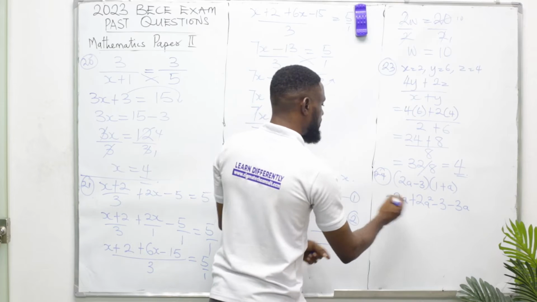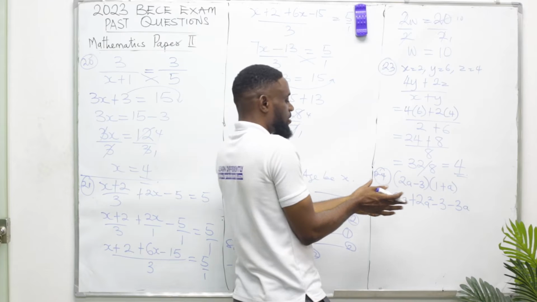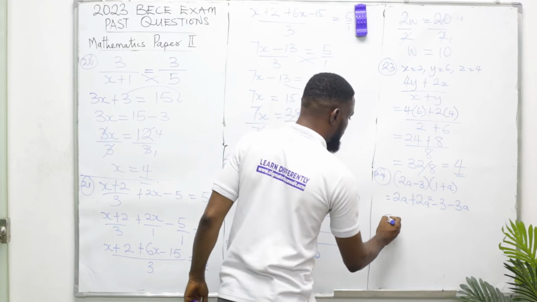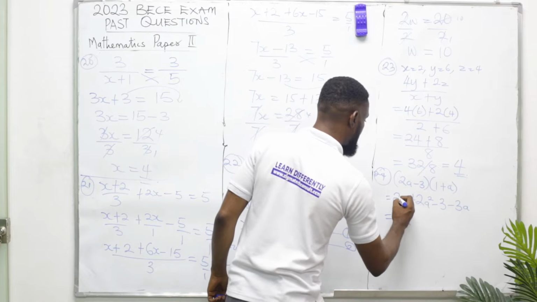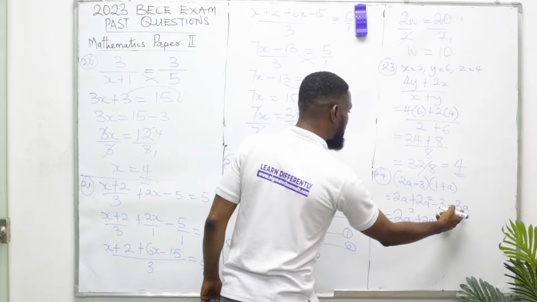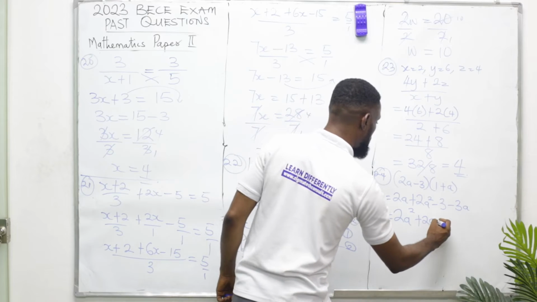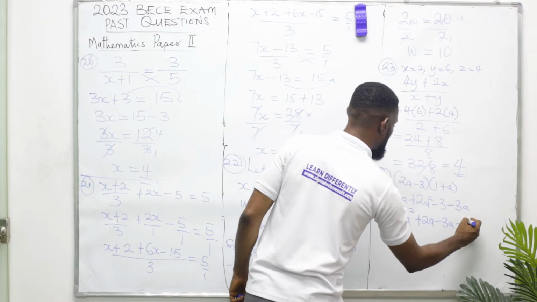So let's just arrange this so that similar terms are close together. Let's have 2a squared first, then 2a, then minus 3a, then minus 3.